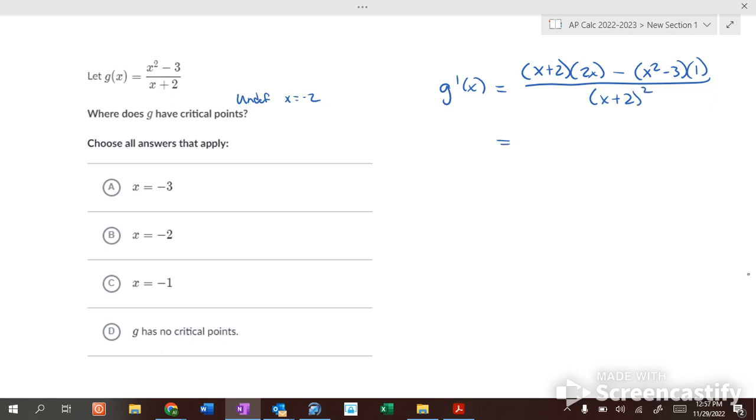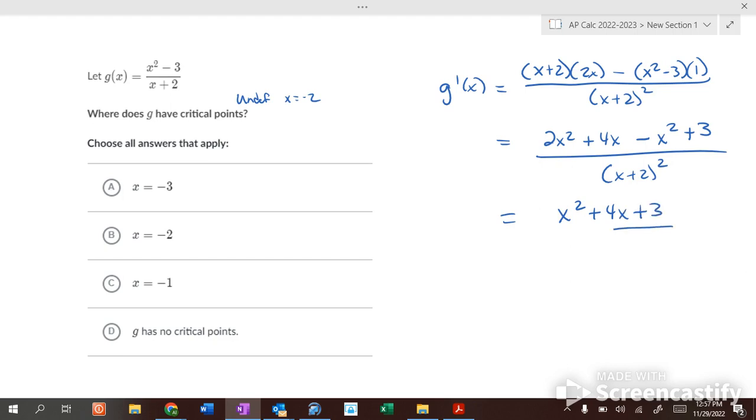So if we do the math on the numerator, we get 2x squared plus 4x minus x squared plus 3, because you got to distribute the negative sign, over x plus 2 quantity squared. So we get x squared plus 4x plus 3. Is that factorable?